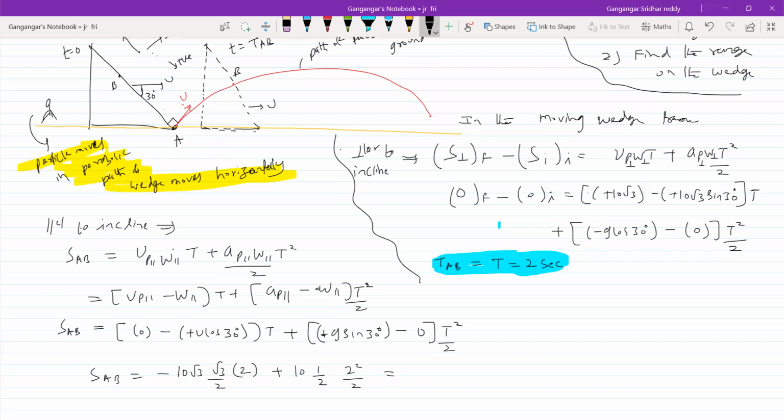Minus 10, minus 20, 25, sir. Look at it once. Minus 20. Minus 20, sir. What do you mean by minus 20? We took the direction down the incline as positive, no? So therefore, it will strike at point B. I'll write it indeed.